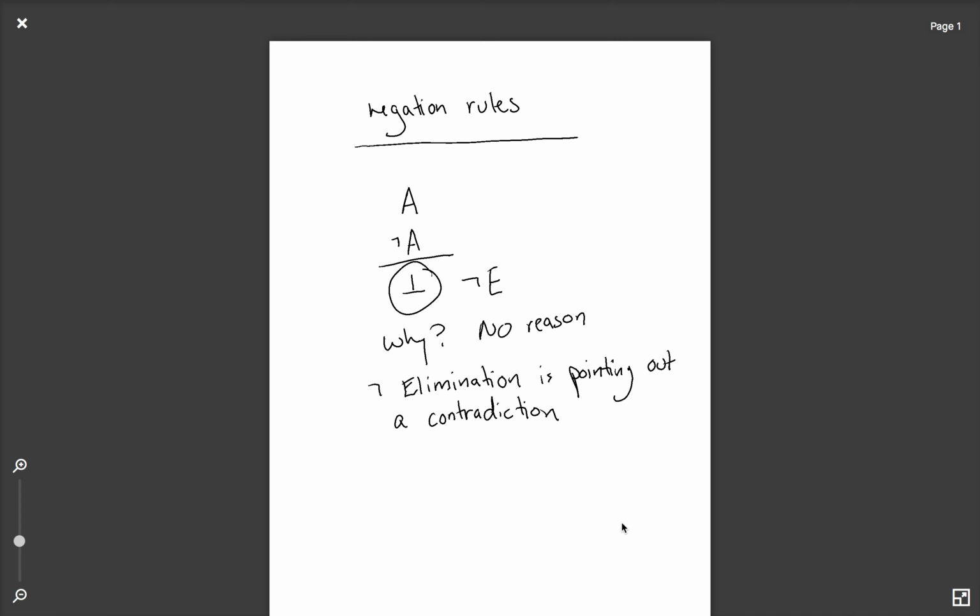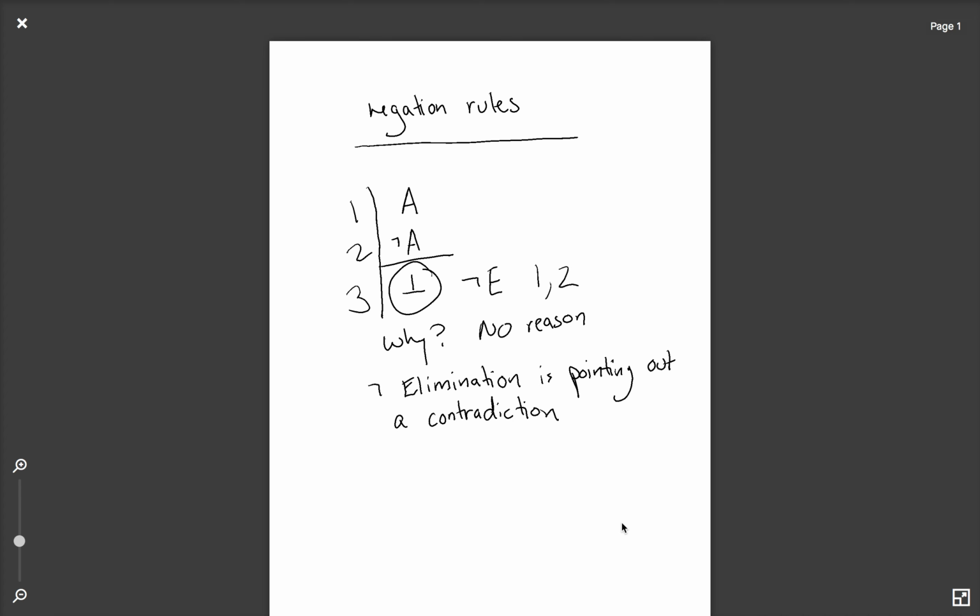So, okay, negation elimination cites 2 different lines. If we're using it in an actual proof, and these were lines 1 and 2, it would be negation elimination 1 and 2. Remember that you can't use this rule unless the 2 lines are an exact contradiction.